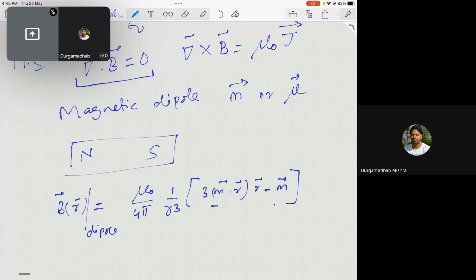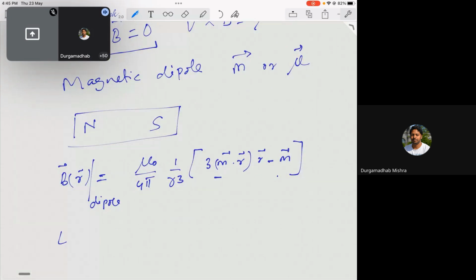Similarly, you can also do this in the case of an electric dipole. One can find out the electric field due to an electric dipole, which will have this constant 1 by r cube.